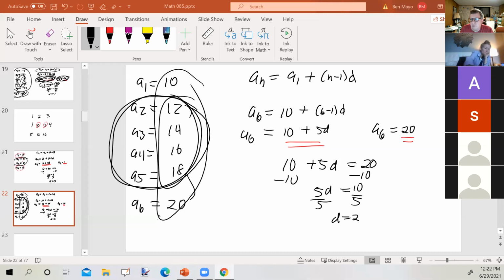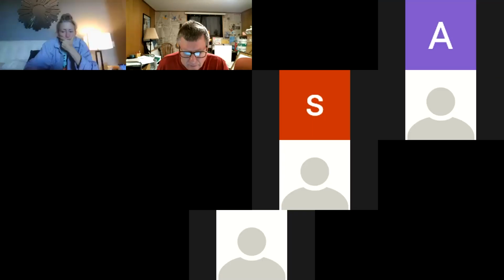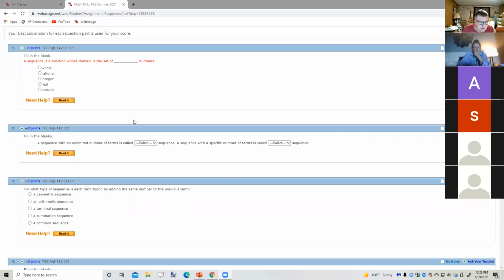Let's see, this is section 14.2. All right, can you see WebAssign on your screen now? Yeah.